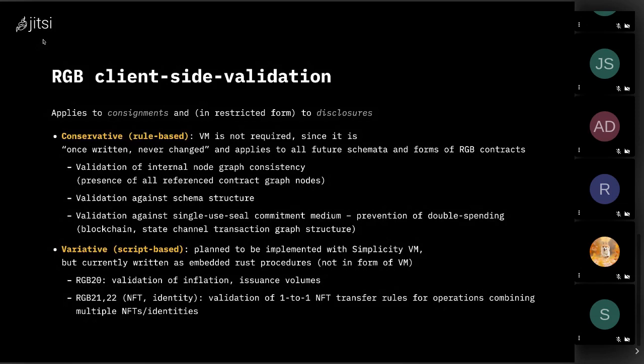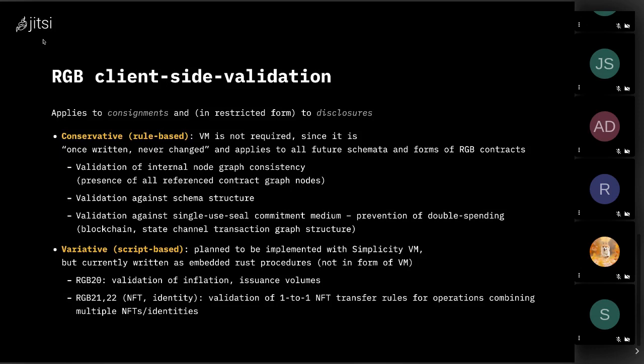Regarding consignments and disclosures, we have two types of client-side validation. The first one is what I call conservative. It's based on rules, and the important part of this validation is that, once written, it is never changed. Basically, it's hard-coded into the RGB core library. We don't need any form of virtual machine for doing it.